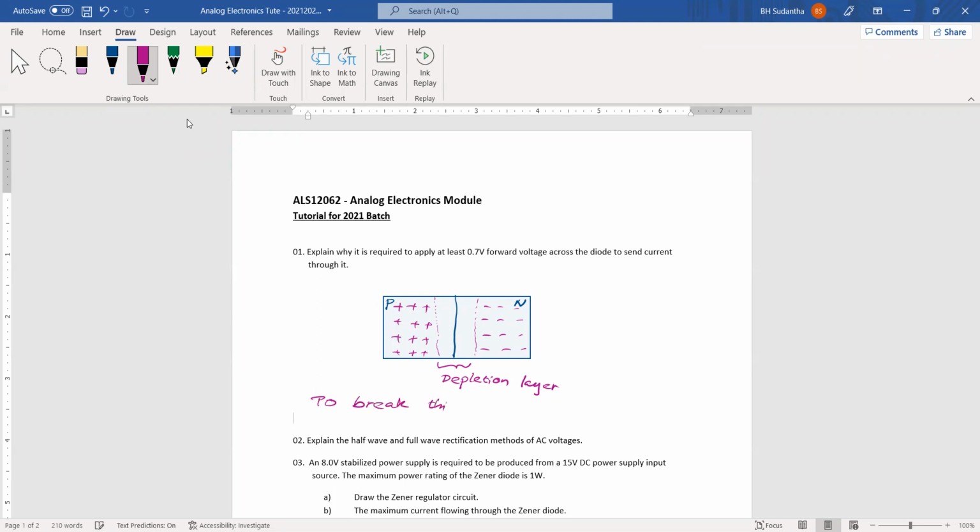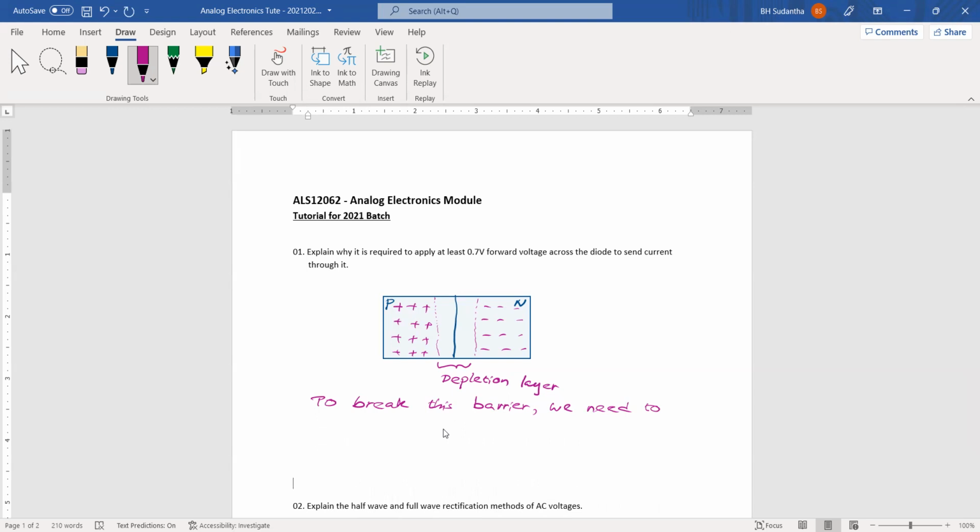To break this barrier, we need to apply some pressure from the ends.